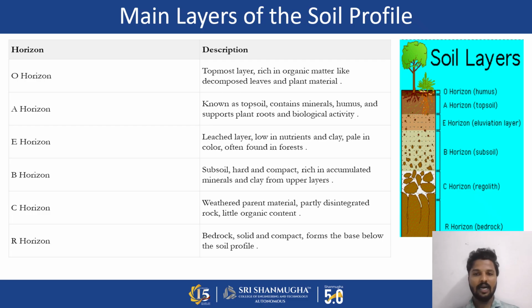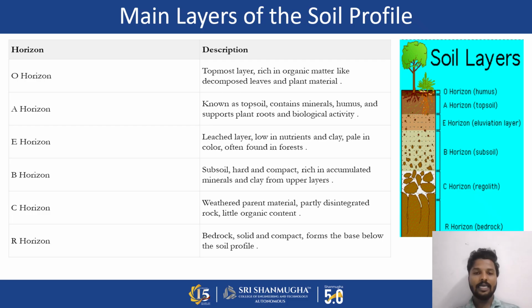So humus content is highly seen in this layer. This is where most of the biological activities take place. The A horizon is the primary zone for seed germination and the bulk of plant root growth. So it holds the highest concentration of plant available nutrients and retains water effectively due to the mixed humus.